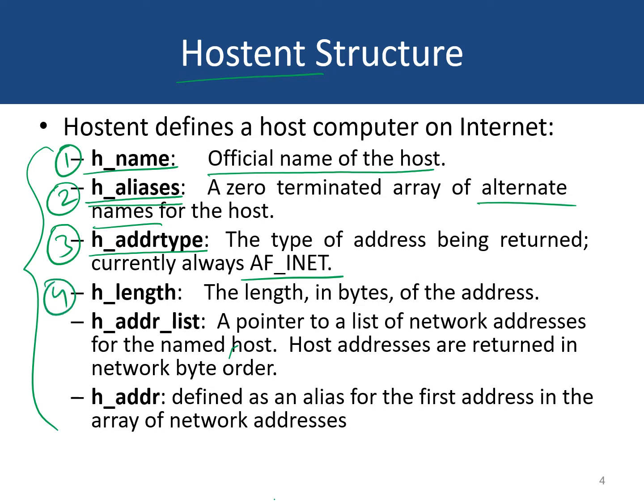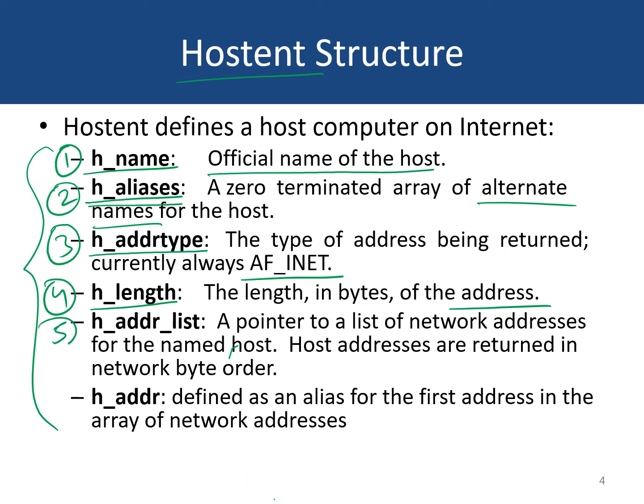The fourth piece of information we have here is the h_length field. This is basically the size or length of the machine address in bytes, so the length of the server's address in terms of bytes. Note that it is possible that the server machine or the host that we want to connect with has multiple network interfaces, and therefore it may have multiple IP addresses.